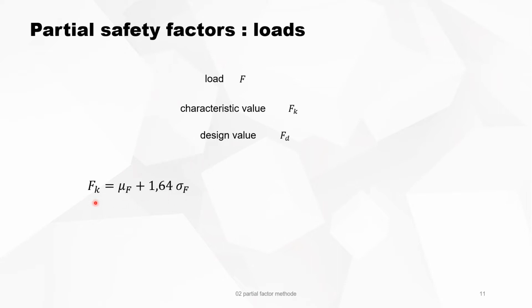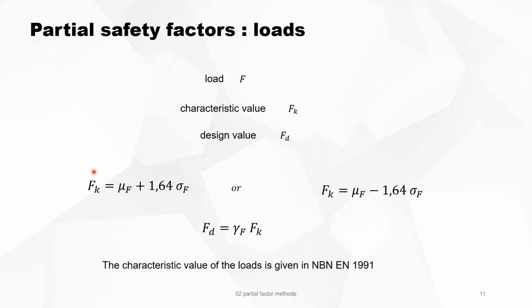The characteristic value is the mean plus 1.64 times the standard deviation, because it's the 95% exceedance limit. Of course, if this is favorable, it can also happen that you should take the minus sign for the unfavorable combination. And then the design value is just multiplying the characteristic value with the safety factor.